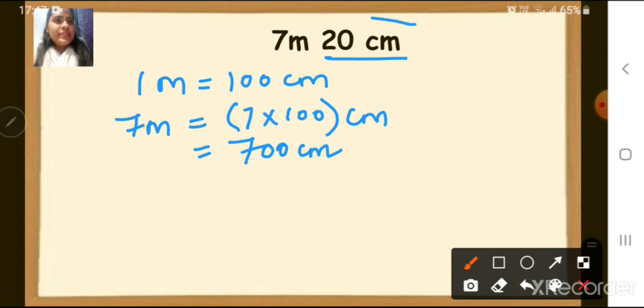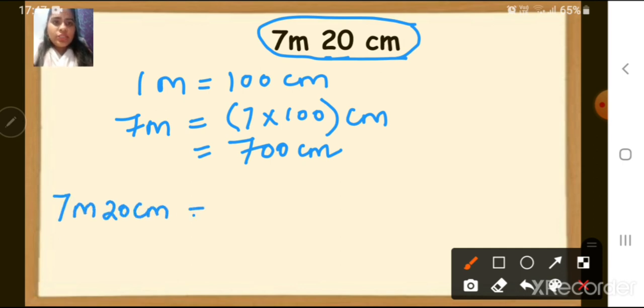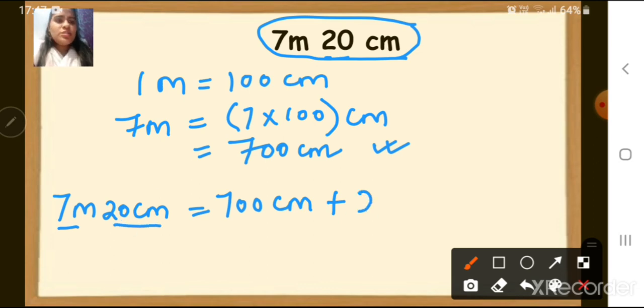Now we will take together the full question. So 7 meter 20 centimeter is equal to, what is 7 meter? Here we have got it, 700 centimeter. Then we'll put a plus sign because we have to add this 20 centimeter also. So plus 20 centimeter.